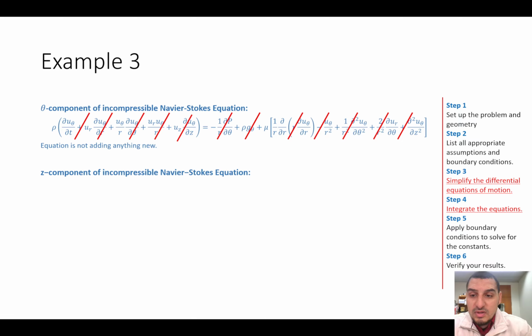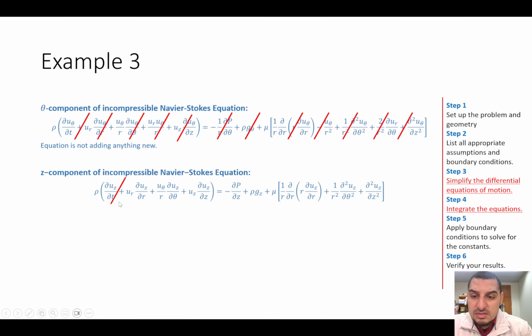We have only one equation left, which is the z component. Now the first term would be 0 because it's steady flow. ur is 0, u theta is 0, uz is not 0, but duz by dz is 0. dp by dz is constant. We know it's not 0. gz is 0. This term is not 0 because uz is a function of r.